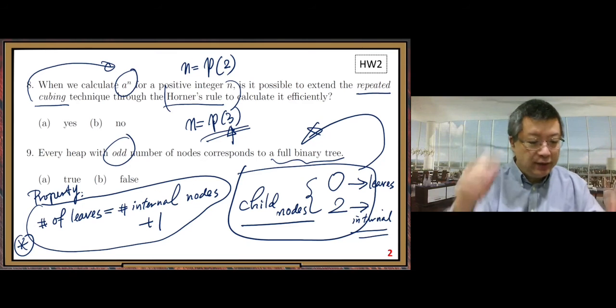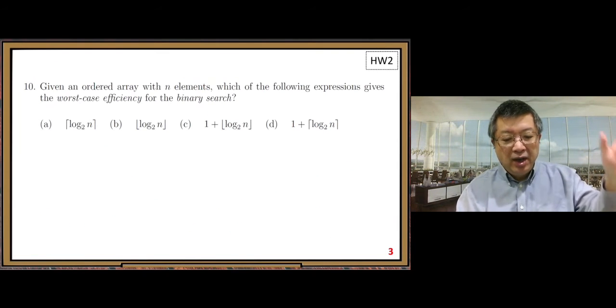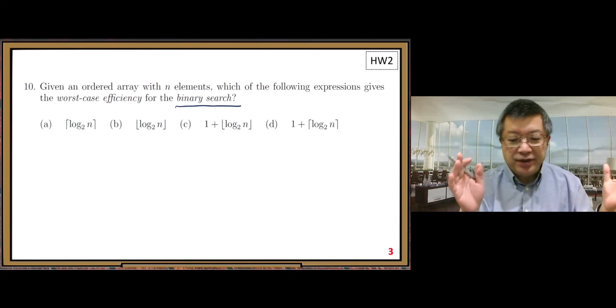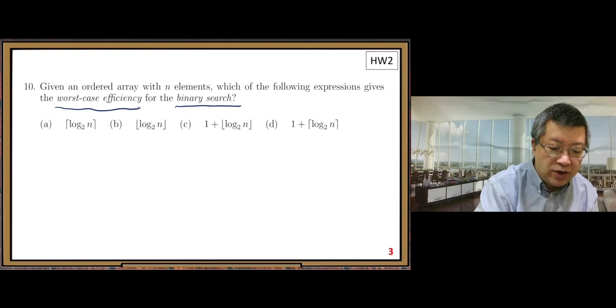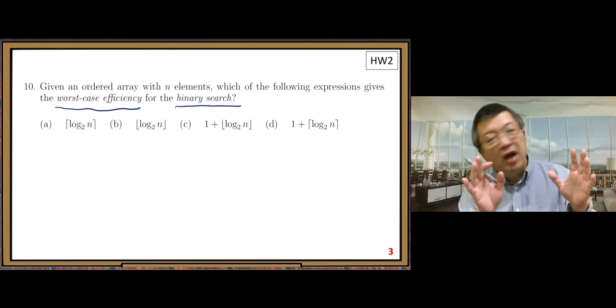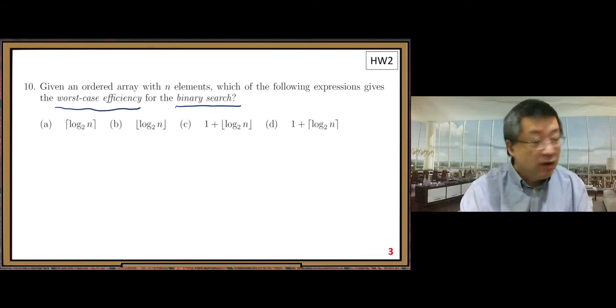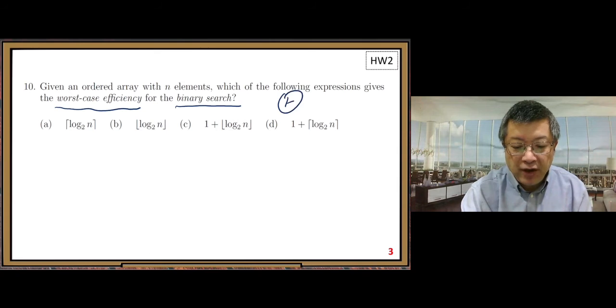All right. Our last question of part 2 is about binary search. In the binary search, when we consider worst case efficiency, many times we use the asymptotic notation. For example, the big theta of log base 2 of n.